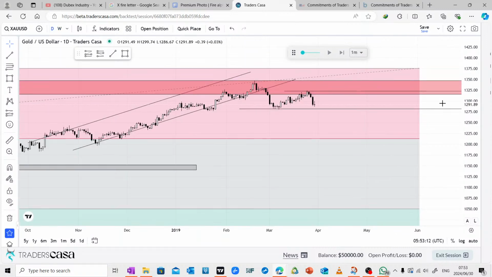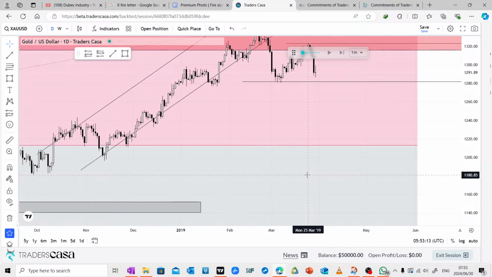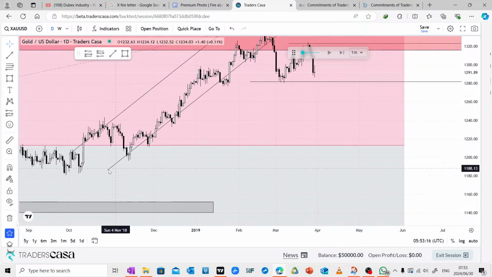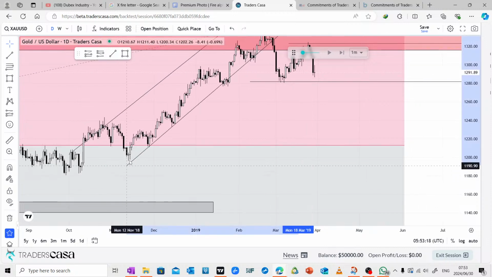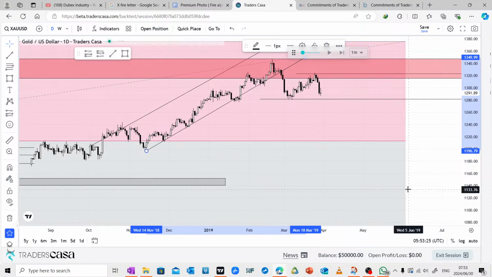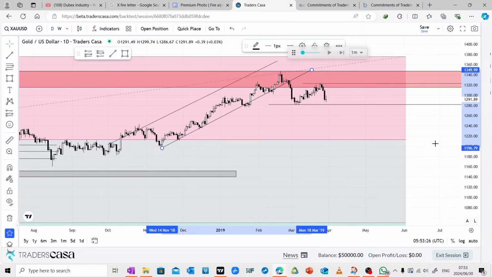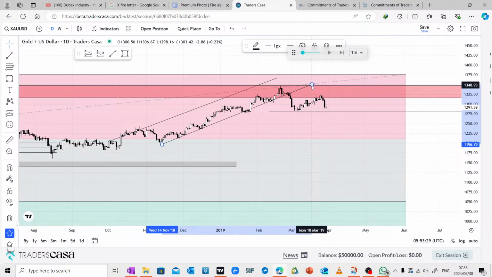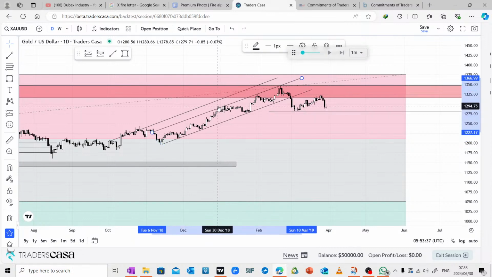and let's see what we have. So we adjust this trend line. Alright, there.